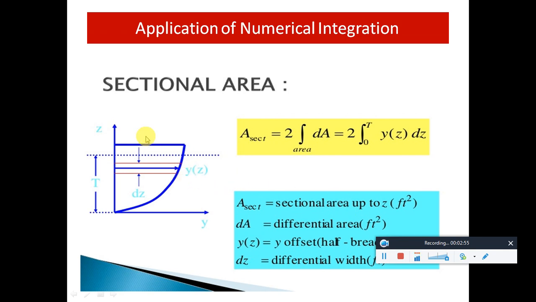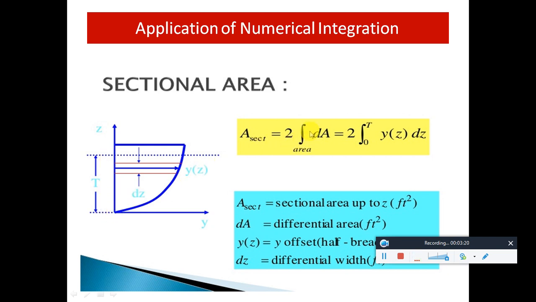So, for example, if you take a curved surface and we want to find out the area under this curved surface, you just consider a small strip of thickness dz, and this curve has a function, say expressed in terms of y of z, having the limits from 0 to t.